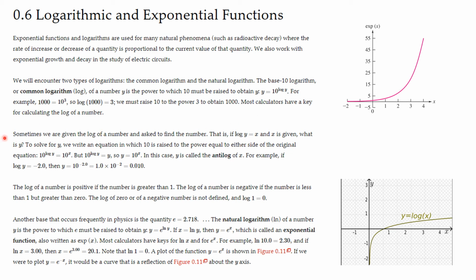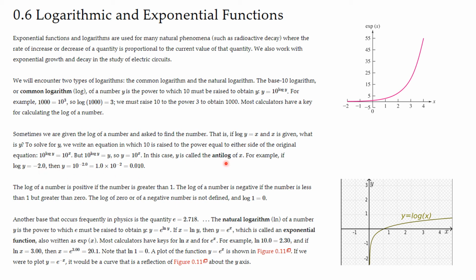Sometimes we're given the logarithm of a number and asked to find the number. That is, if log y equals x, that's logarithm base 10 of y equals x, and x is given, what is y? Well, to solve for this, we write an equation in which 10 is raised to the power equal to that side.